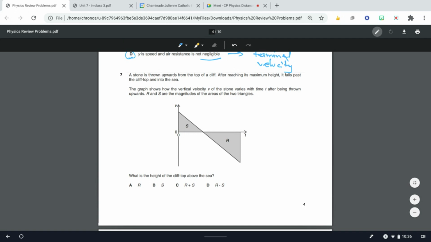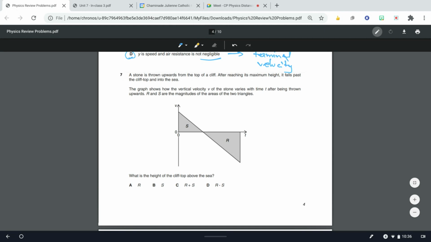So read the question. A stone is thrown upwards from the top of a cliff. After reaching its maximum height, it falls past the cliff top and into the sea, right? The graph shows how the vertical velocity v of the stone varies with the time after being thrown upwards. So when you throw an object upwards, you're throwing it with some velocity.